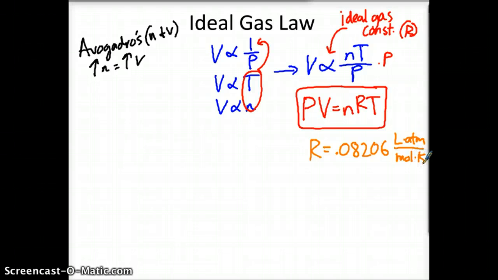So what this tells us is anytime you're using this value of R, 0.08206, your volume better have units of liters, your pressure better have units of atmospheres, and your temperature better have units of Kelvin. If it doesn't, you need to make the necessary conversions before you do any mathematical relationships. So here is the ideal gas law. Let's get some practice with it.